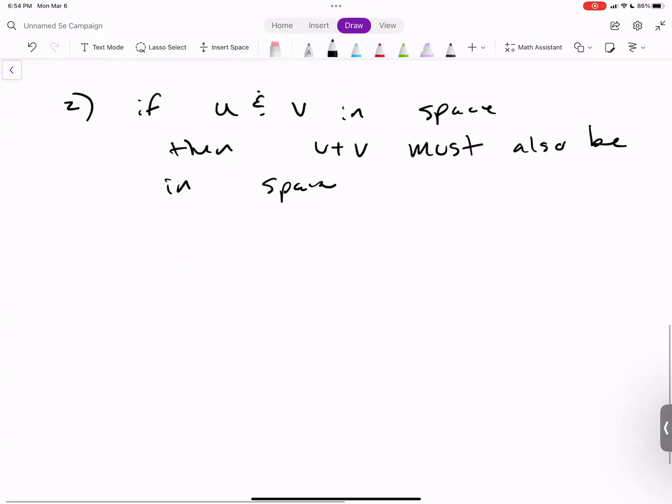A very good example where something does not pass this qualification would be if I give you X, Y, Z, and I ask you to make sure that X times Y times Z is equal to 0. That's your condition to make a subspace. For something to be a subspace, all three of those conditions must be true.